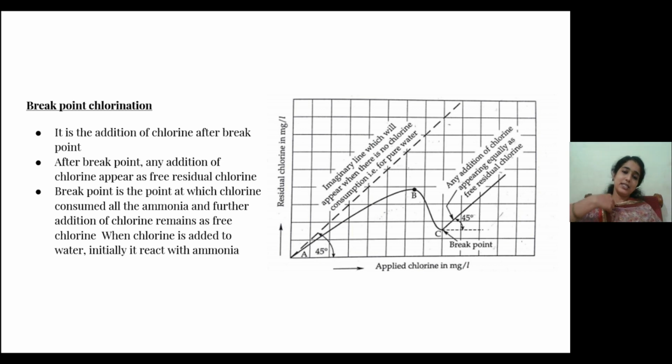In the initial stage, the residual chlorine is 0 and the applied chlorine is 0. While adding chlorine into the water supply system, the residual chlorine will increase.